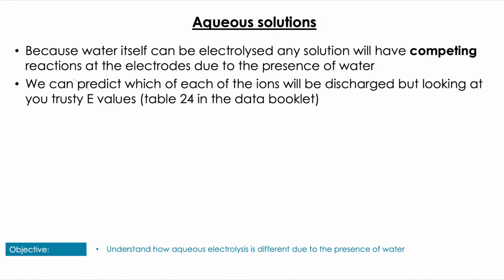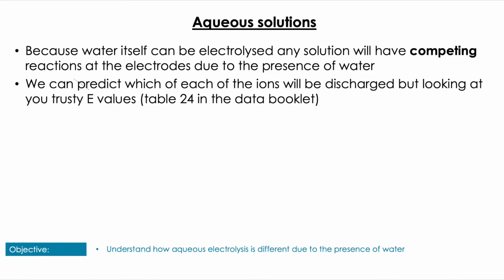So knowing these 2 reactions are going on is going to help us with working out our electrolysis of aqueous solutions, because we know we're going to have competing reactions at each electrode. We're going to have water and whatever other ions are in the salt that is dissolved in the water. And this is really where we have to spend our energy.